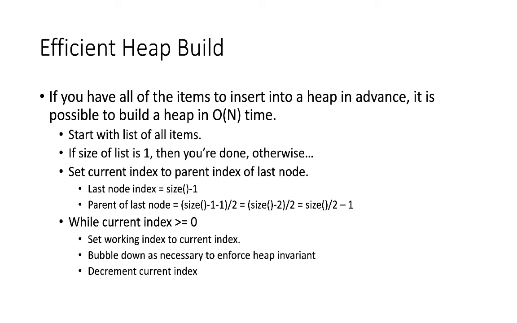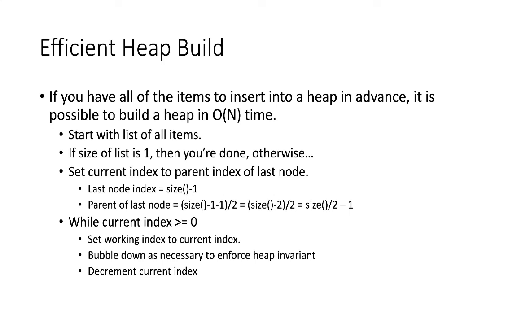If I have at least one child, find out which of my children is smallest. If the invariant is broken, swap with that child, set the working index to be that child's index, and keep working toward the bottom of the tree, right? And then once you've bubbled down from your initial current index, decrement current index and do this again.